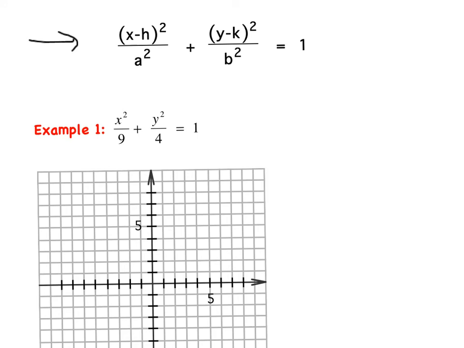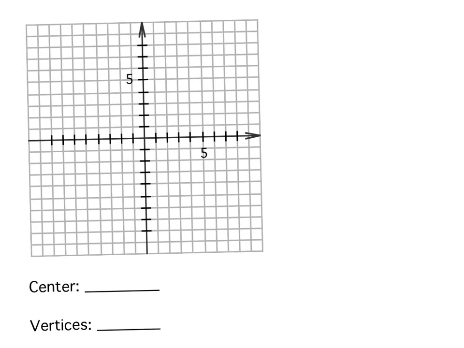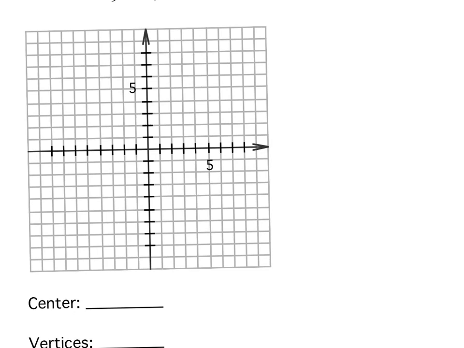Our center is at h, k, so if we just write on top the x minus h and y minus k quantity squared, notice there is no h and k, so our center is at 0, 0. So let's move down and write in our center of 0, 0. Let's plot that on our graph at the origin.